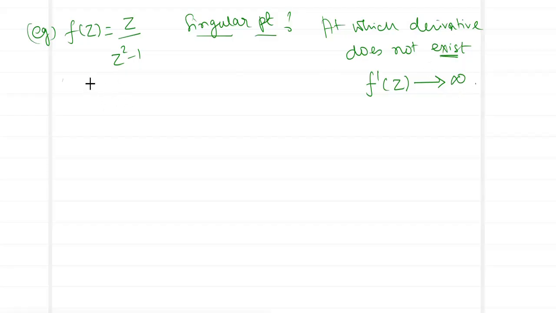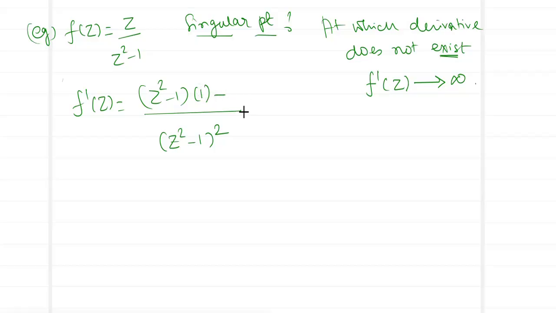So I will have to find my f dash of z. What is my f dash of z? Go differentiate your function: z square minus 1 the whole square in the denominator. Z square minus 1 you keep as such, z on differentiation is 1, minus z you keep as such, z square minus 1 on differentiation is 2z.